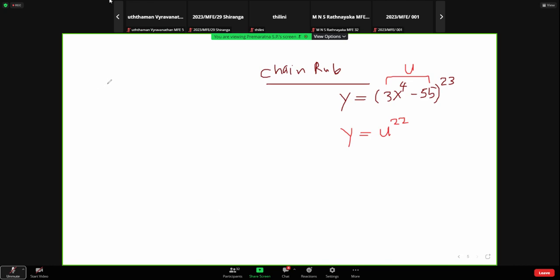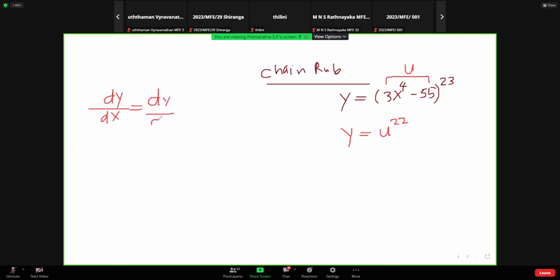When you differentiate this, now what happens? Let's say y with respect to x equals, you differentiate first y with respect to u, then du with respect to x.